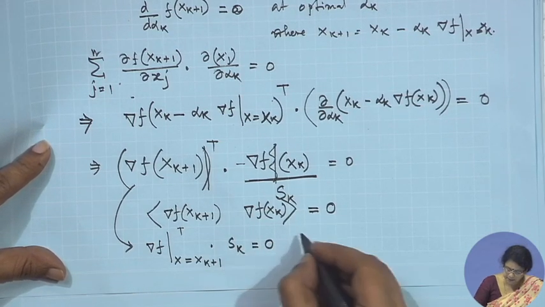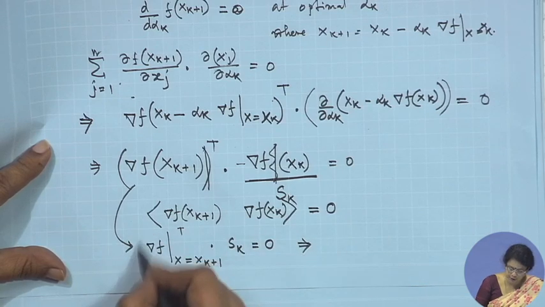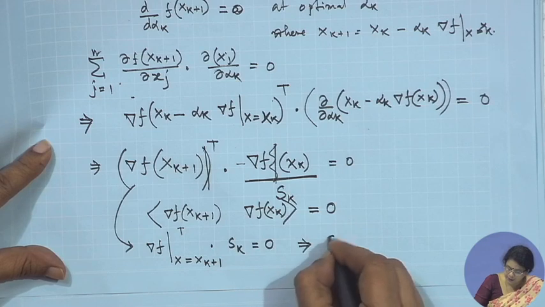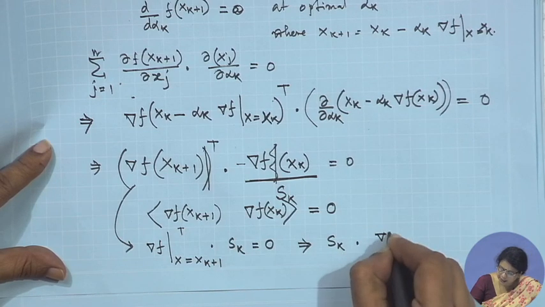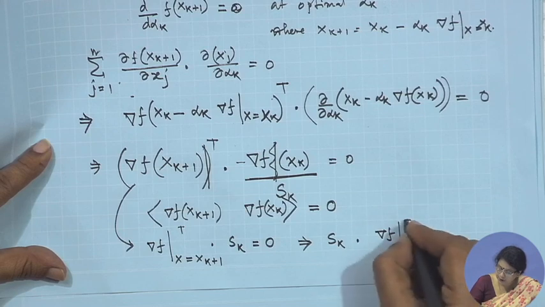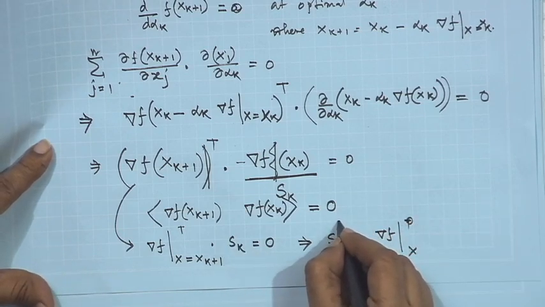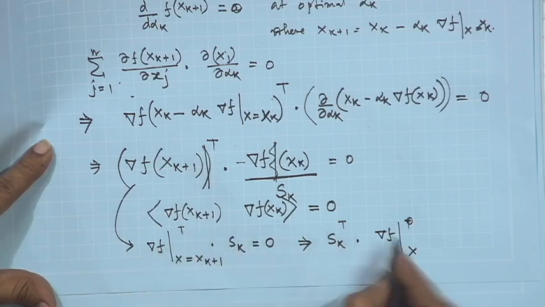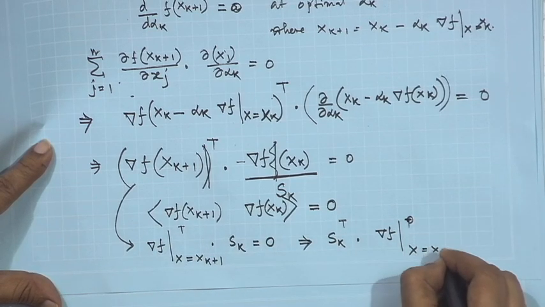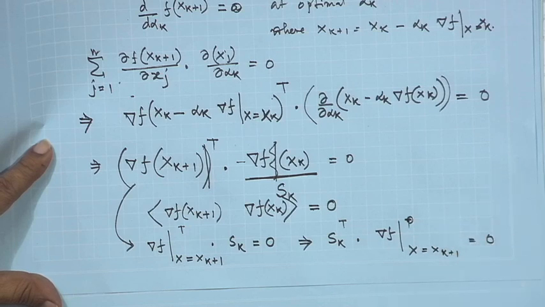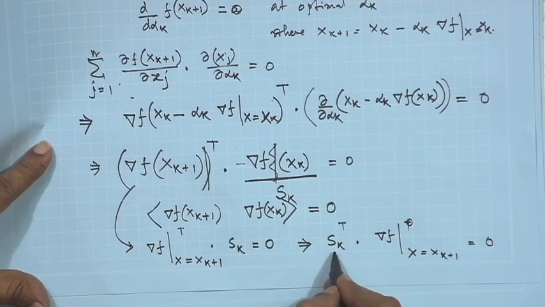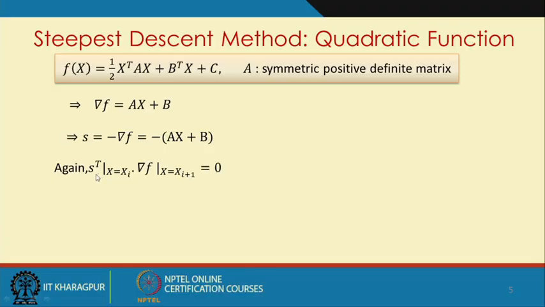Otherwise, if I take the transpose of the whole case, then we are getting s k dot grad of f at x equal to x k plus 1 is equal to 0. We can say it. What is s k? s k is nothing but s at x equal to x k. We are considering the separate index i here. That is why from here we can directly say this thing, alright.